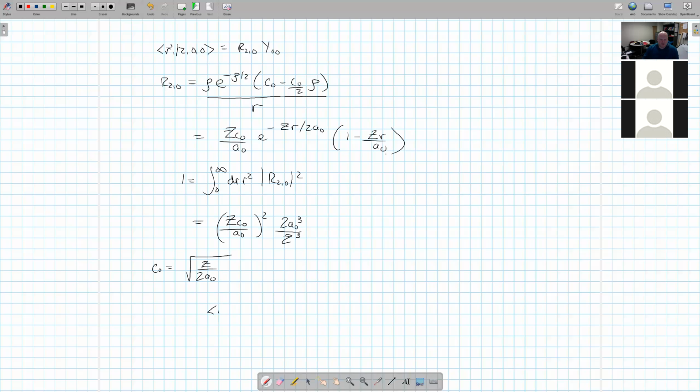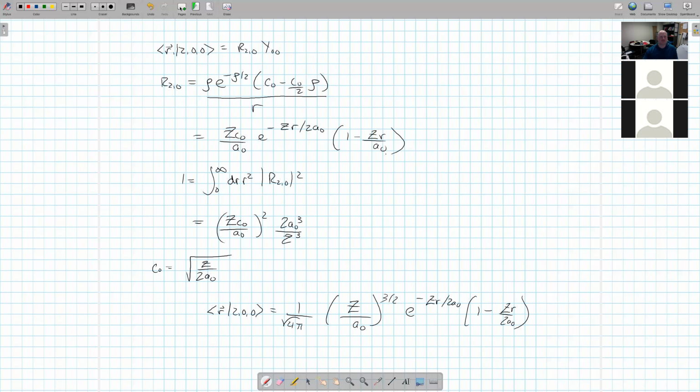So putting this in our wave function, psi 2,0,0 is going to become 1 over the square root of 4 pi, since Y0,0 is that, times Z divided by a0 raised to the 3/2 power, e to the minus Zr divided by 2a0 times 1 minus Zr divided by 2a0. So that's when L is equal to 0.